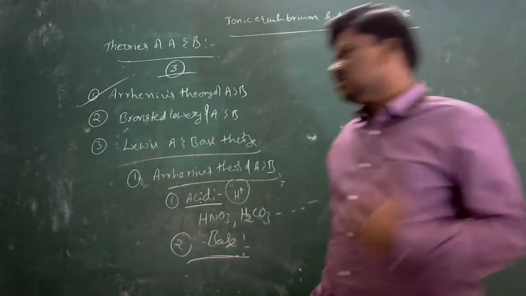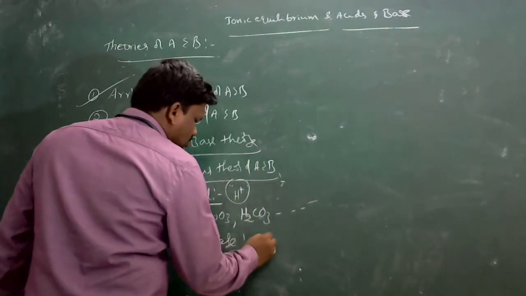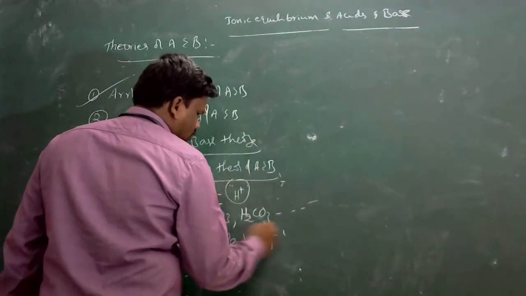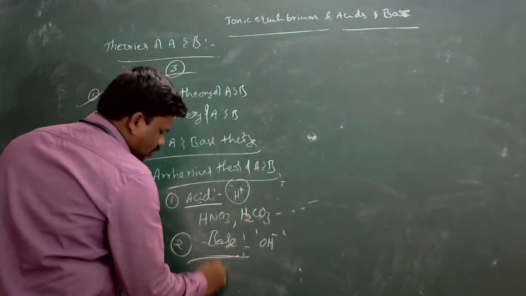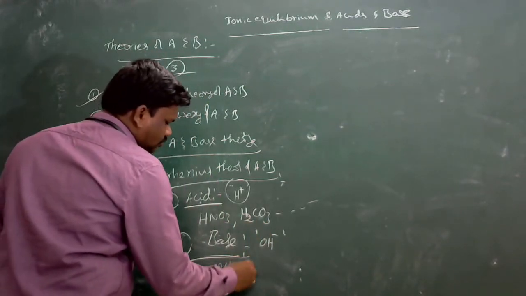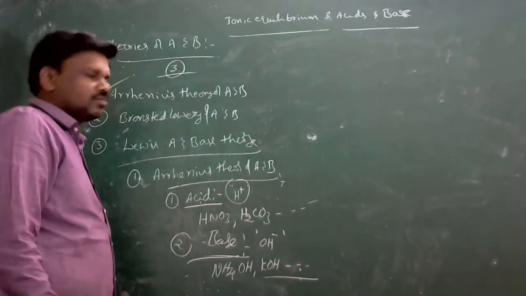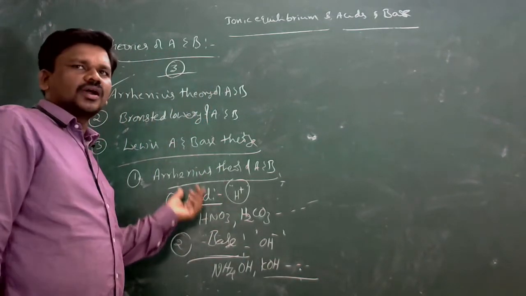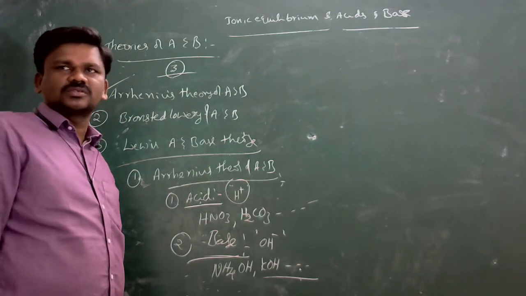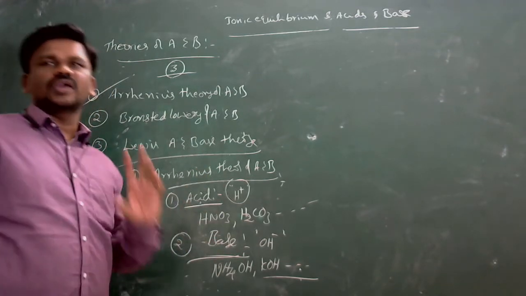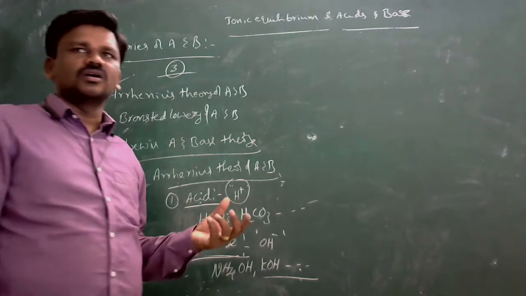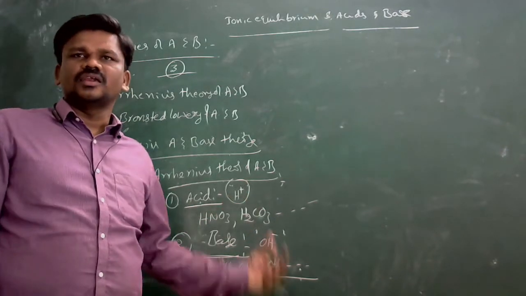That means it simply gives OH minus ions, as in NH4OH, KOH and so on. Both are present in aqueous medium, so it is called aqueous theory or Arrhenius theory.